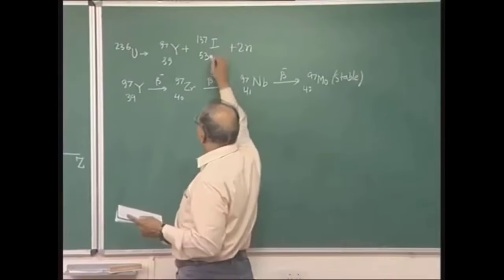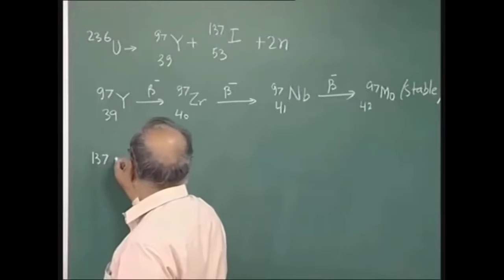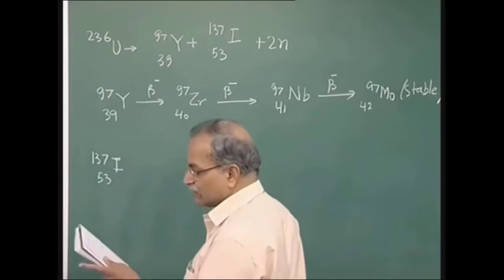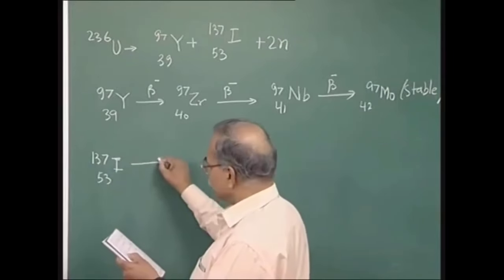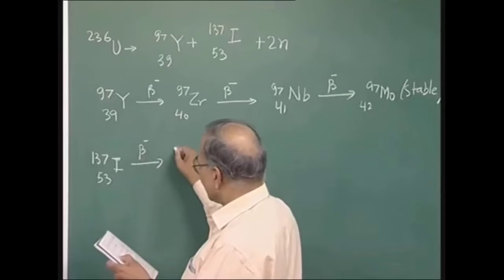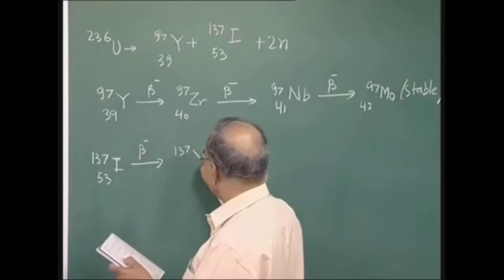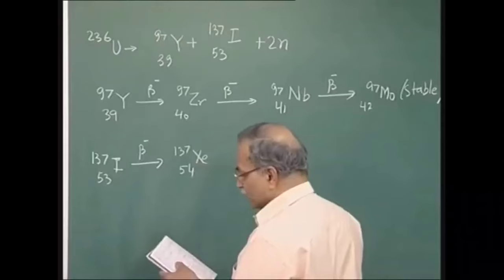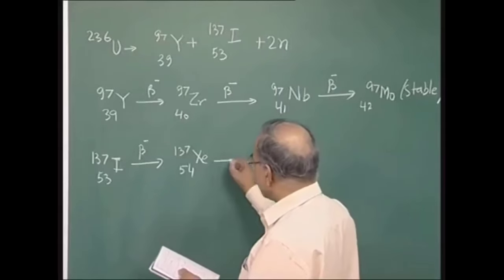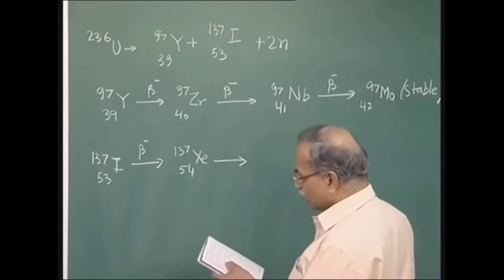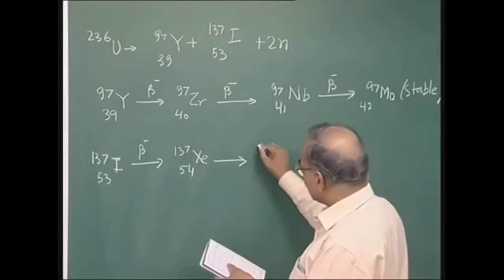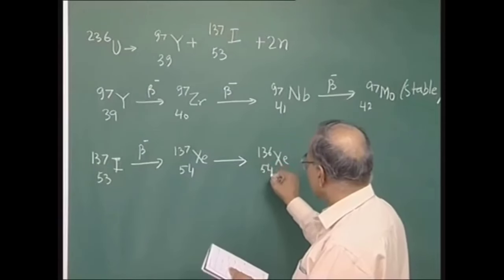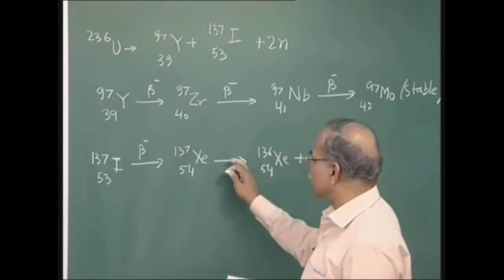The other fragment, 137 I 53, beta decays to 137 xenon, Z equal to 54, and that, this is interesting, decays by the reaction to 136 xenon 54 plus a neutron.